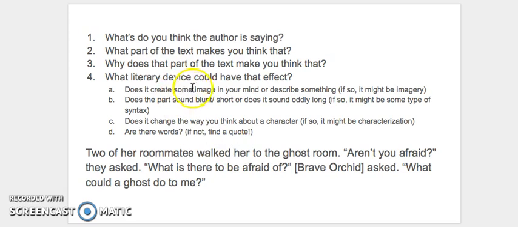So it doesn't really evoke any image again. And maybe you could argue that there's some sort of questioning syntax because there's a lot of questions. And she answers a question with a rhetorical question.